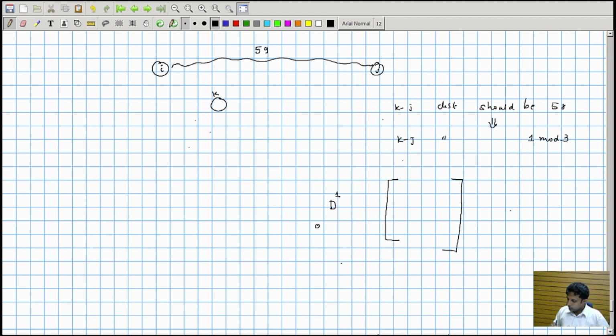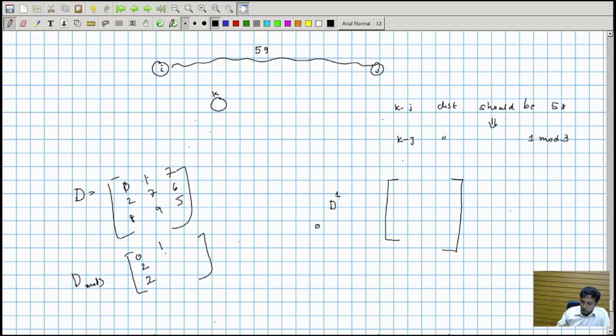Okay. So if you looked at a particular matrix D with values 1, 2, 8, and so on, look at all entries and write down the mod 3 value. So D mod 3, you would get some particular entries 0, 2, 2, 1, 1, 0, 1, 0, 2. And D1 is that matrix that you get by removing everything which is not 1.